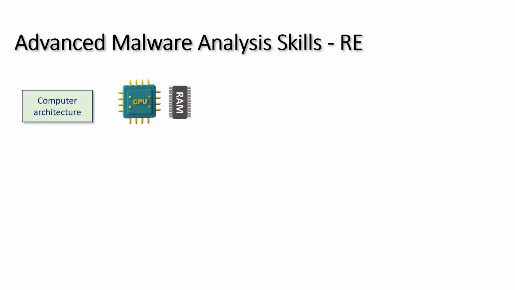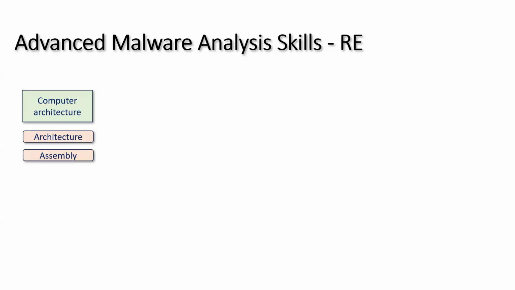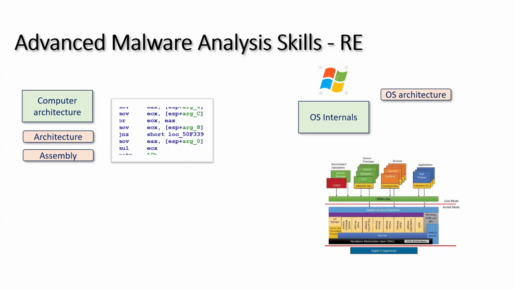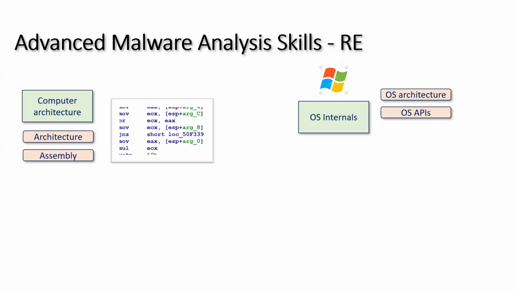Now let us talk about some advanced malware analysis skills, which includes the reverse engineering. So reverse engineers should know the computer architecture. They should know about different kind of computer architectures like x86, x64, ARM. They should know about the assembly language used by this architecture. They should have fair knowledge of Windows operating system internals. They should have knowledge of the operating system architecture. They should have knowledge of the operating system APIs.